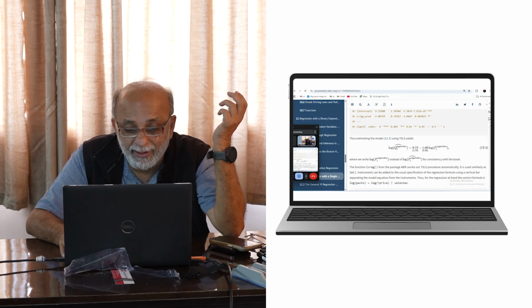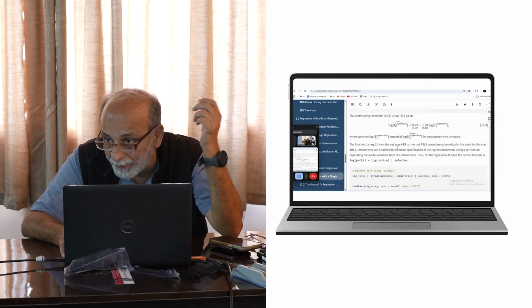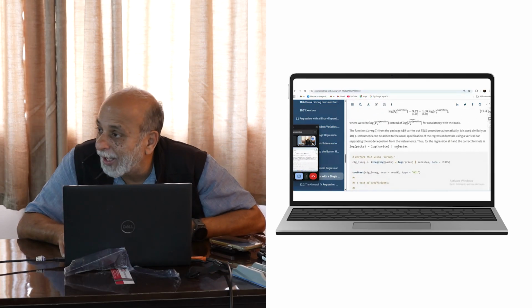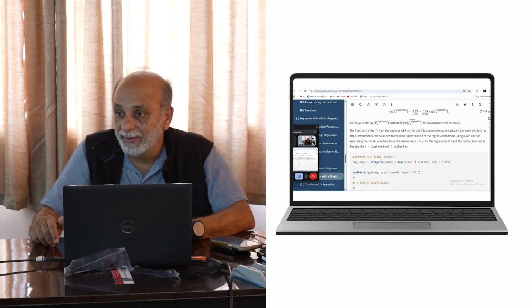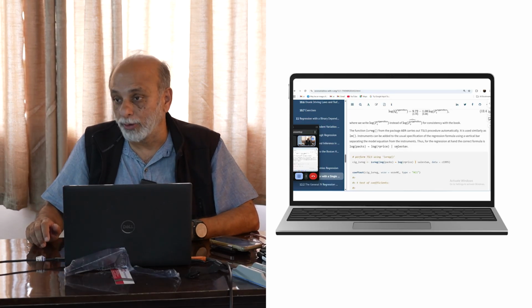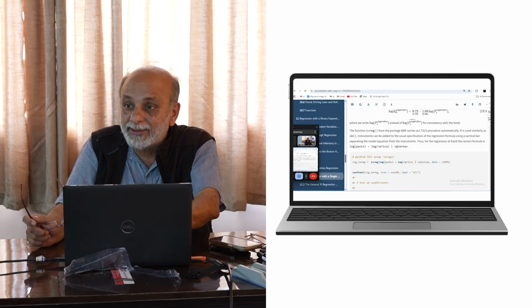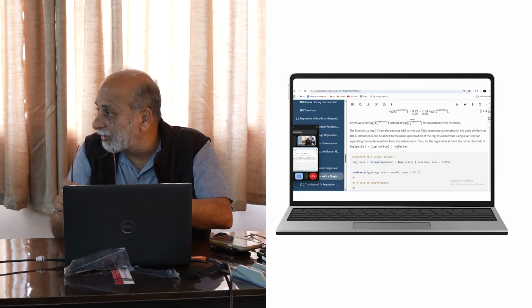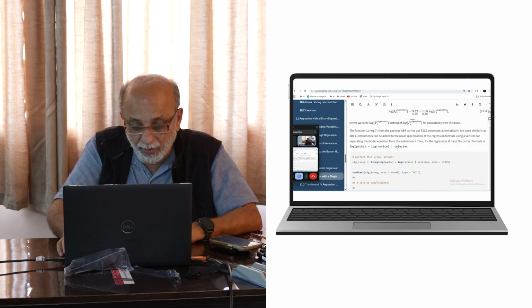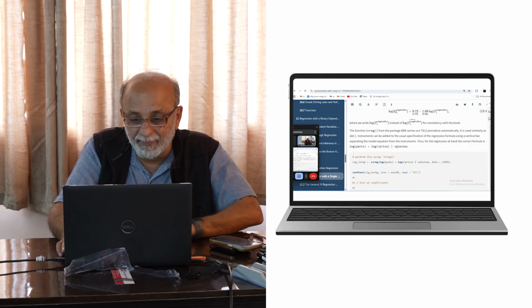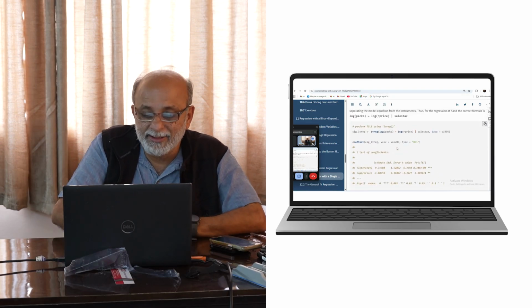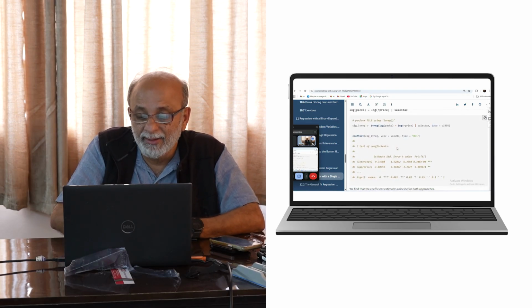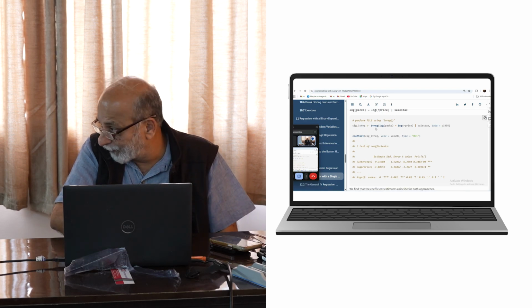R will of course automatically do this through a command called ivreg. You don't have to do the two regressions, R will do it on its own. Everybody got this? First and second stage regression? Then this command called ivreg. The command is not lm, the command is ivreg.